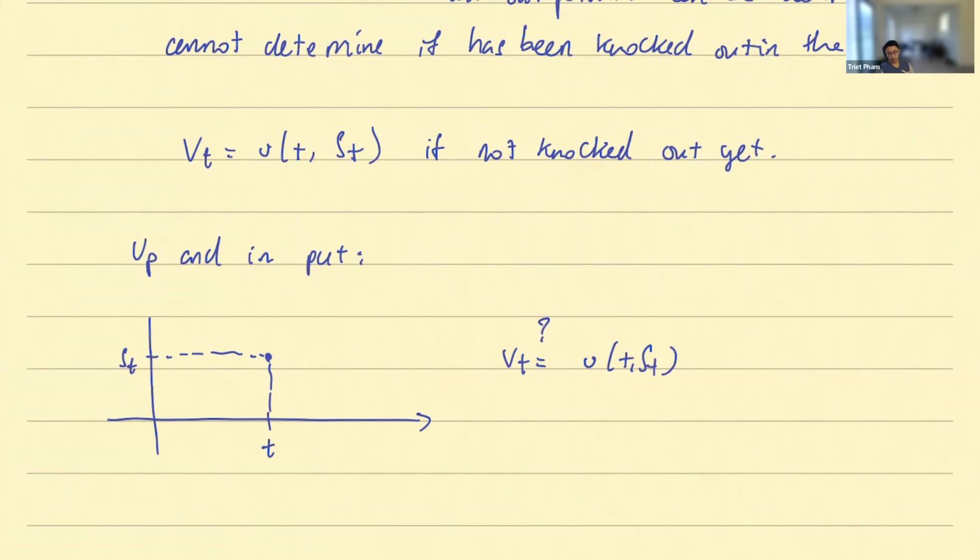Why is that so? Given only the current stock price, I cannot tell what option value it is at that time, if I'm only given the current stock price for the up and in.